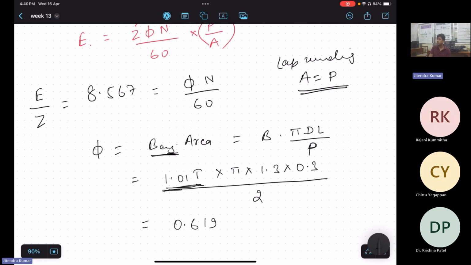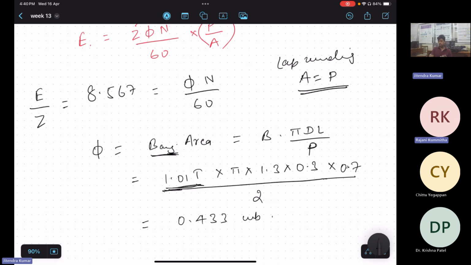Here we considered the average value, so if we multiply by the form factor, we get the average value. The form factor is 0.7. So 0.6187 into 0.7 comes out to be 0.433.